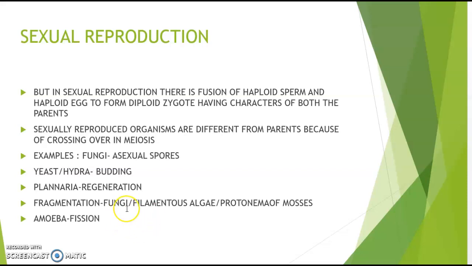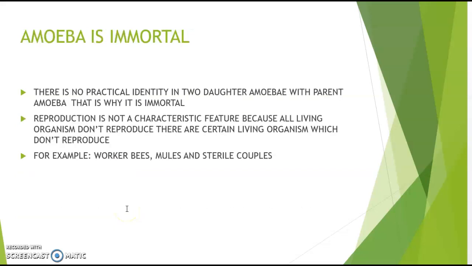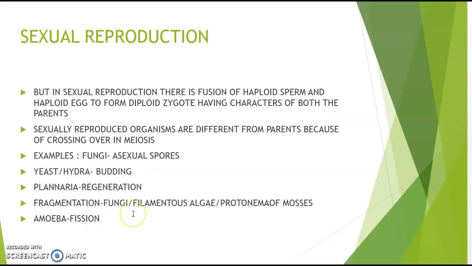Then fragmentation occurs in fungi, filamentous algae, and protonema of mosses, and in amoeba, fission occurs. So these are a few examples of reproduction and their ways.